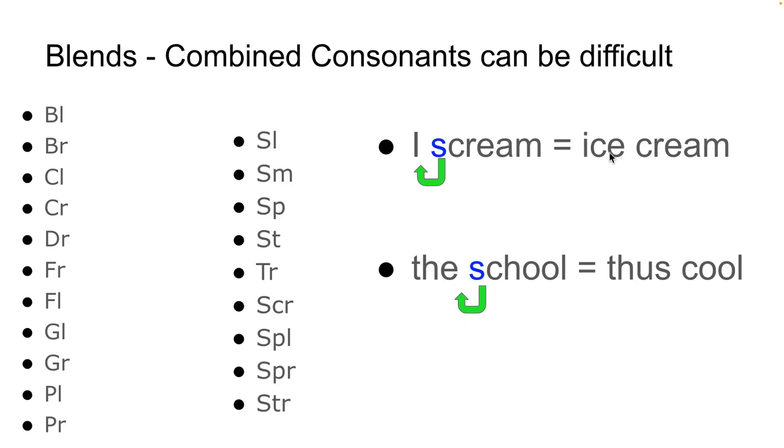However, they have no problem saying "ice cream," right? And so the trick is, if they have that issue where they want to put a vowel before an initial S sound, just have them move that S over to the previous syllable. So instead of saying "I scream," they'll say "ice cream." Or instead of "the school," they'll say "thus cool." So you can break those up in different ways. That just kind of makes it simpler.